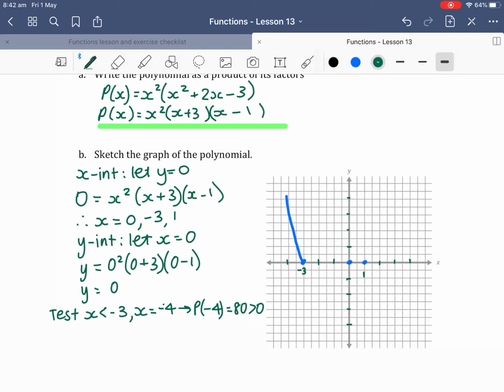Then we're going to test between minus 3 and 0. So let's test x equals minus 1.